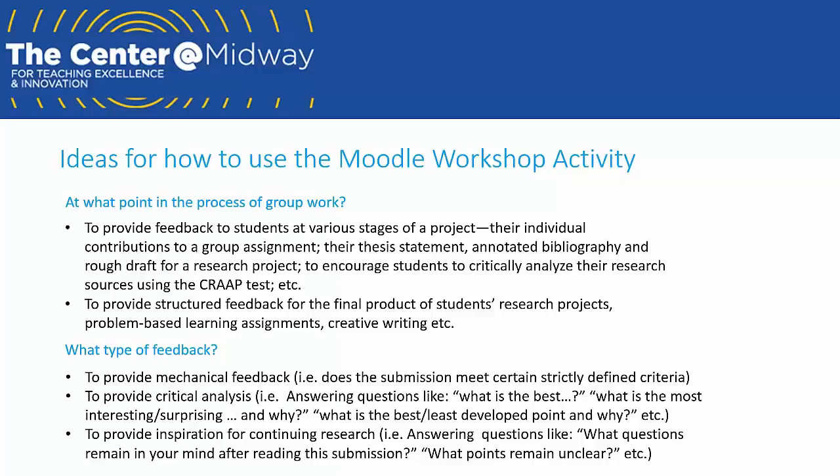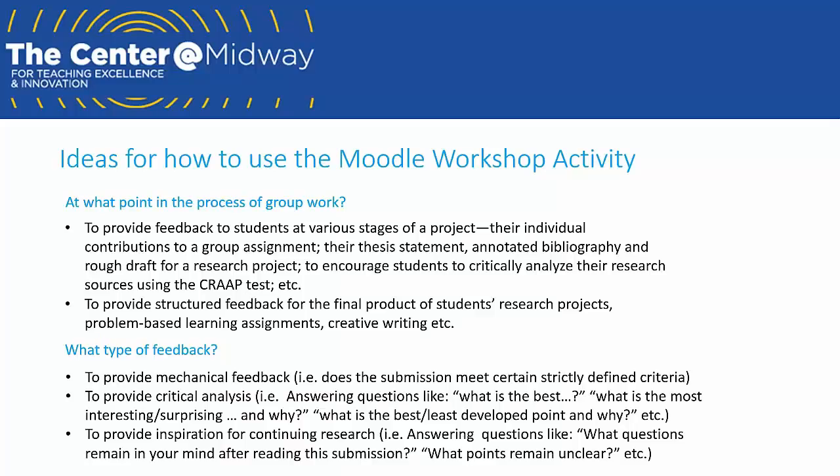The CRAP test, if you're not familiar with it, CRAP stands for currency, relevance, authority, accuracy, and purpose. So a student would turn in an article that they were considering using as part of their research for their research paper, and they'd have to analyze it and say, is this a good article for my research paper? Is it current?